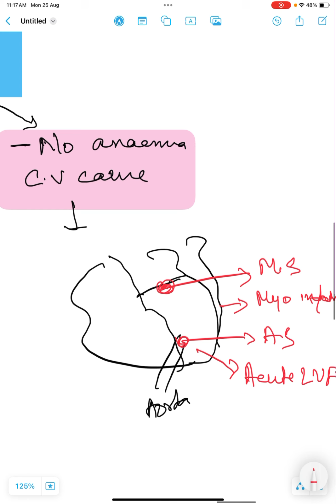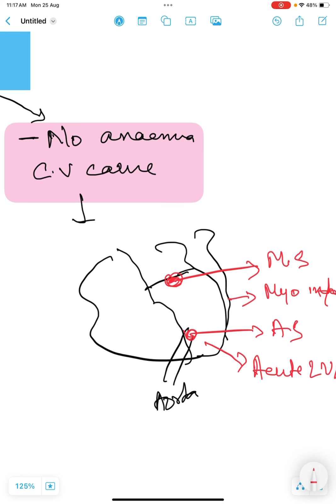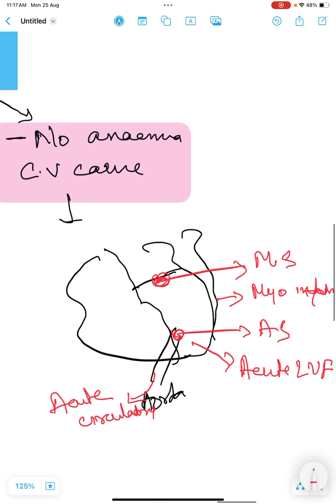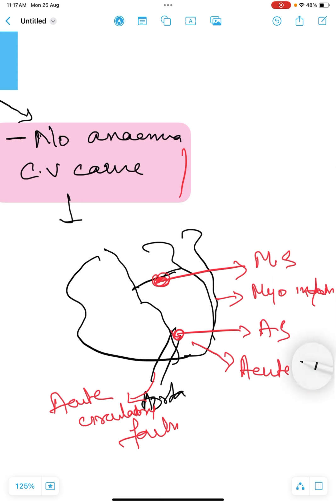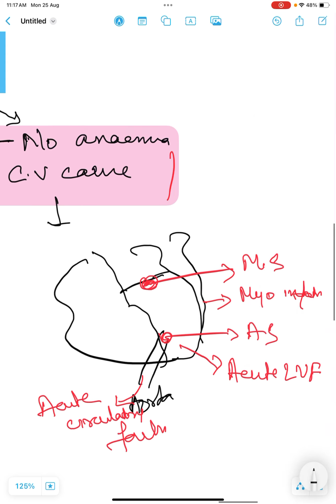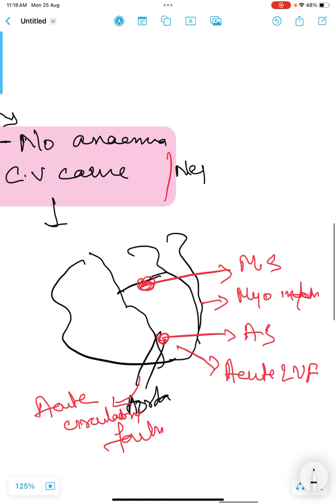Apart from this, there will be acute circulatory failure. If stenosis is there, there will be acute circulatory failure. This is also related to heart. Apart from CV cause, there may be other causes. The other causes are nephrotic syndrome.